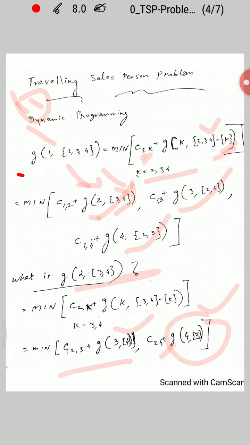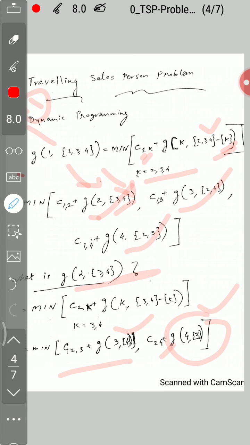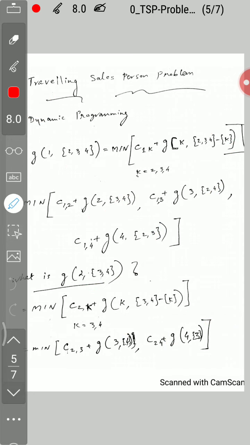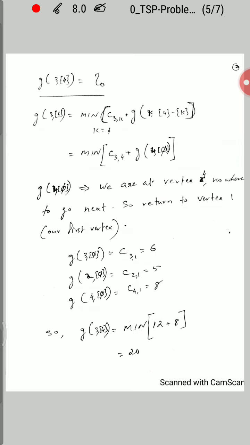Okay, let us calculate g(3, {4}) and g(4, {3}). g(3, {4}) is equal to the minimum of c(3,k) + g(k, {4} - {k}), which will be equal to c(3,4). K can take only one value, 4, because there is only one element in this set.